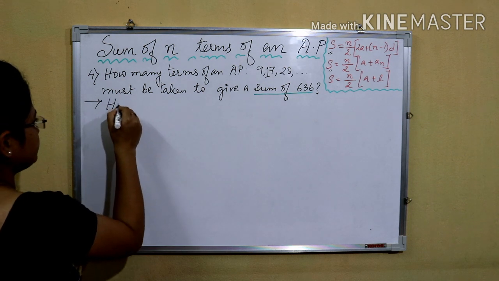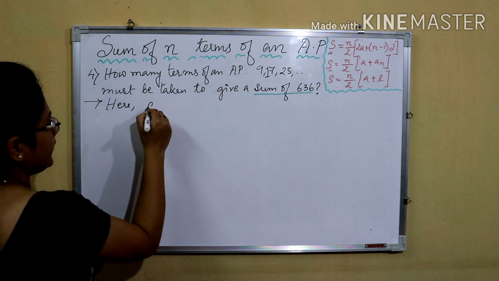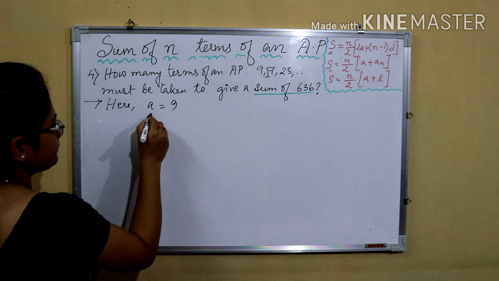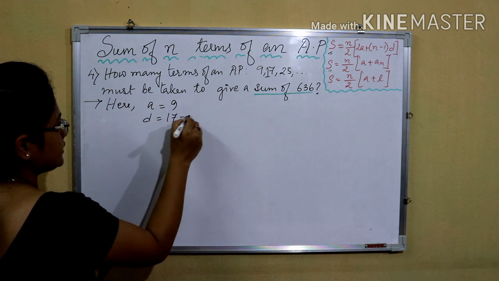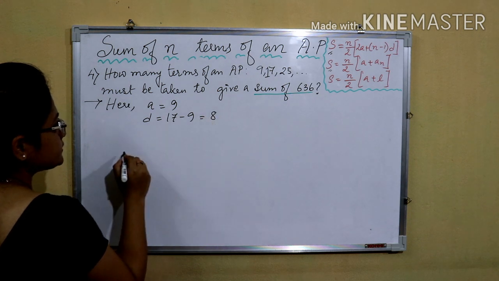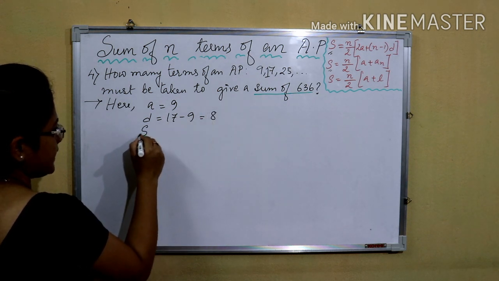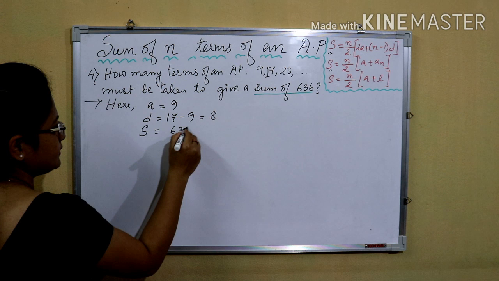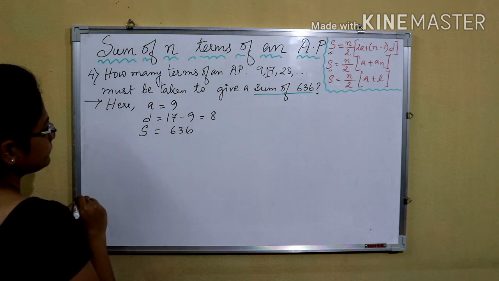So here A is 9, D is 17 minus 9, 8, sum, that means S is given as 636.